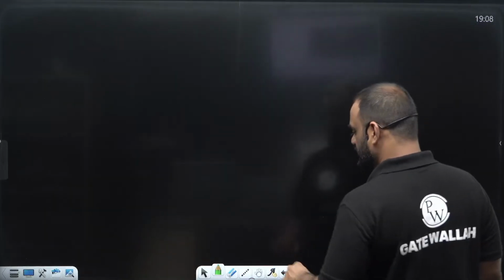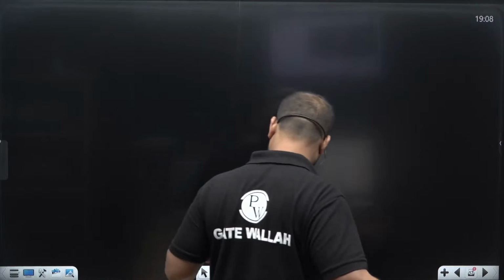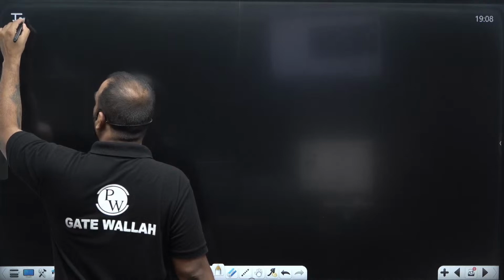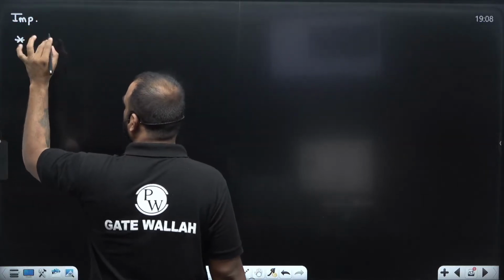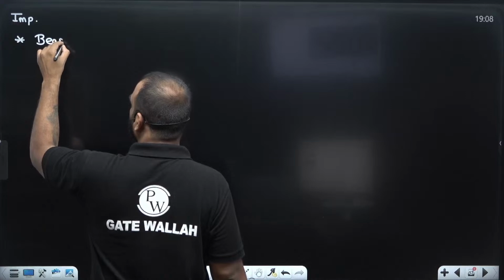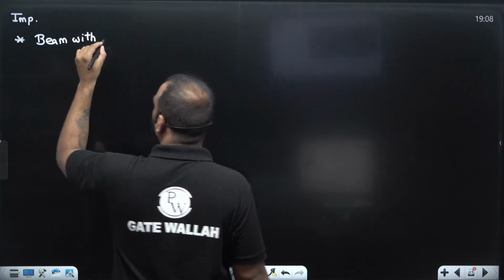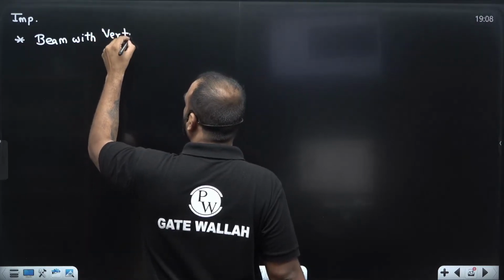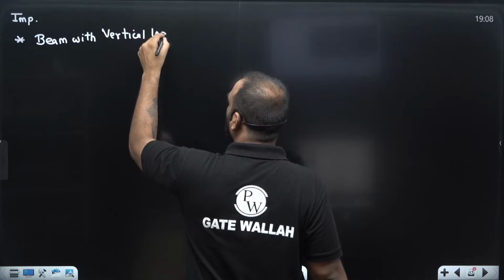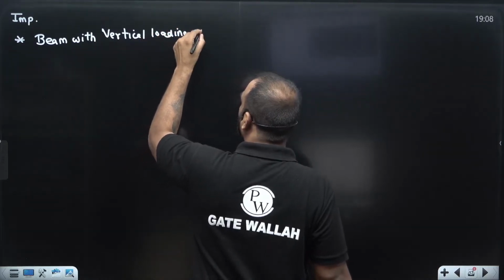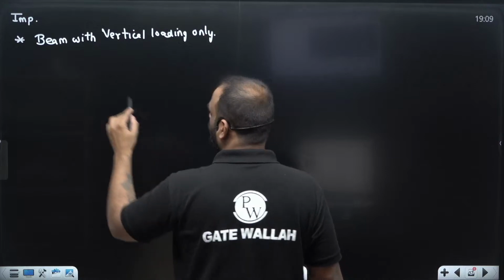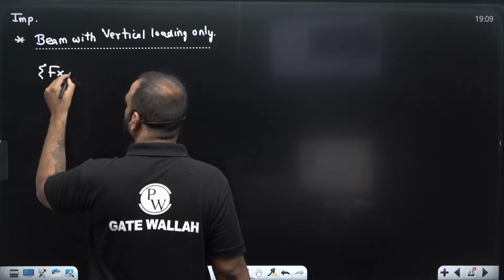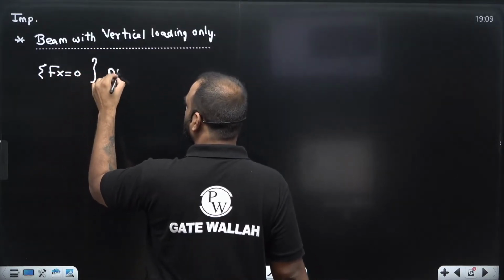Okay sir. So guys, what I am writing here, listen very carefully. Important point. This is a very, very important point. So guys, if you have a beam with vertical loading only, then in such condition, what you need to do guys, kindly ignore it, summation Fx = 0 is not available.